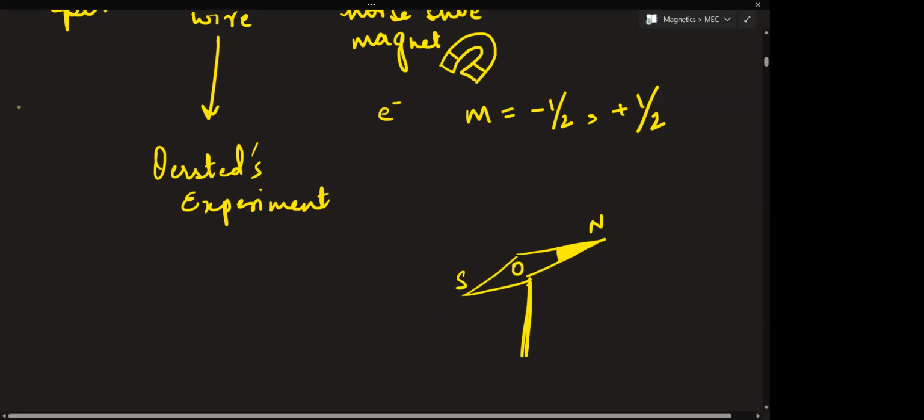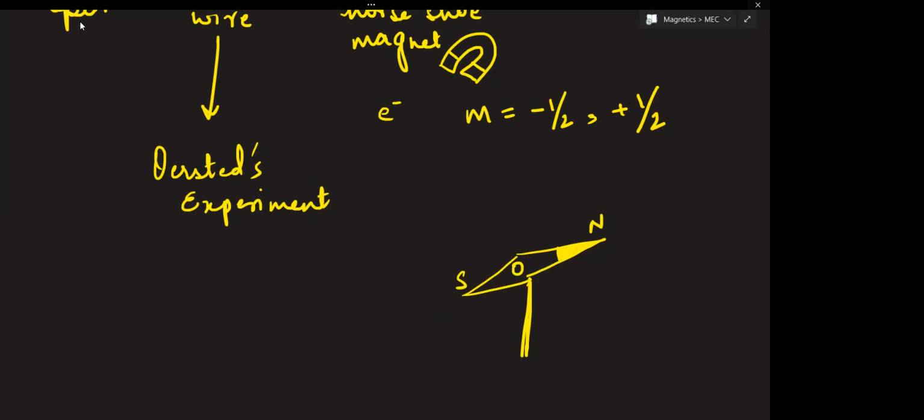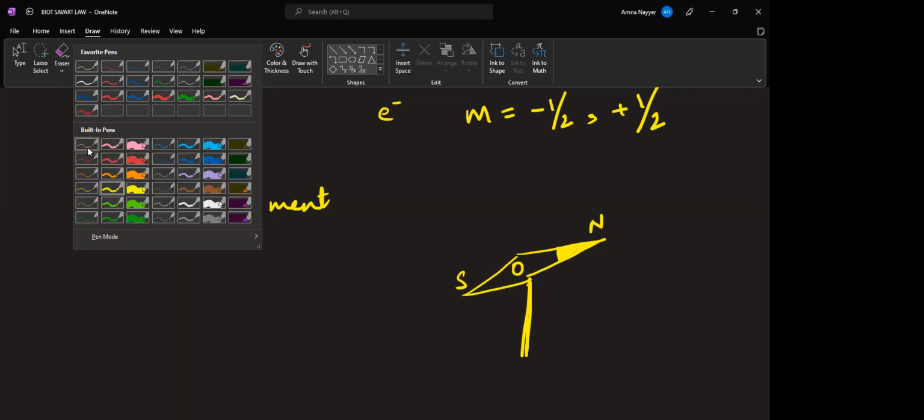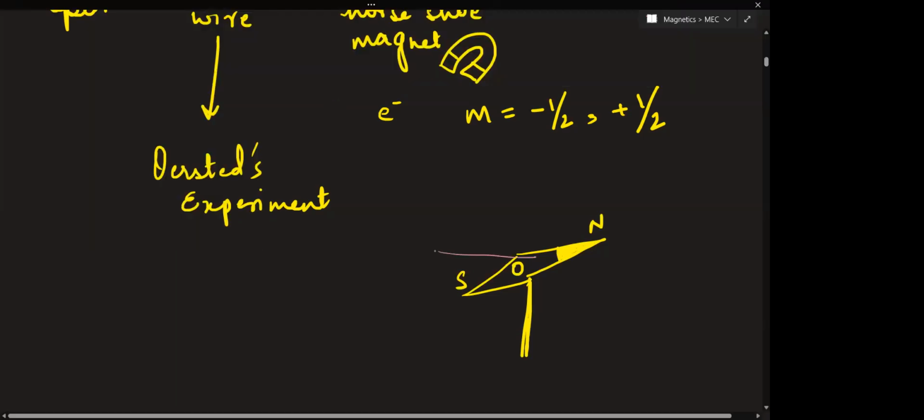Then what happened? A circuit was set up with a proper key. This was the cell, this is the key, these are the wires, and a complete circuit was there.